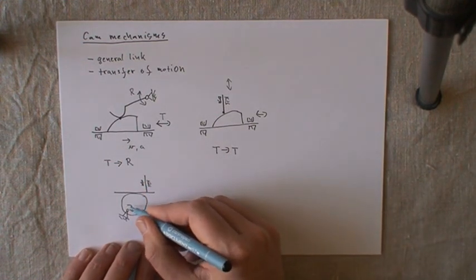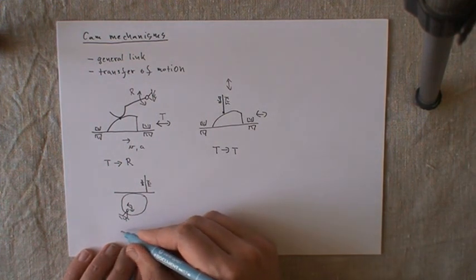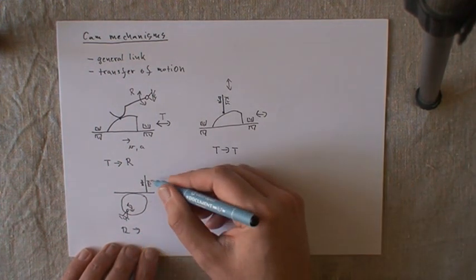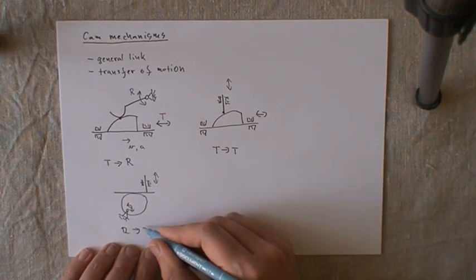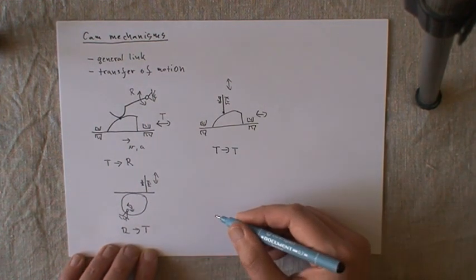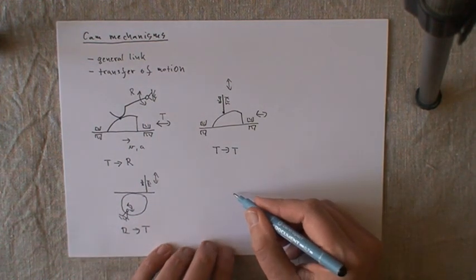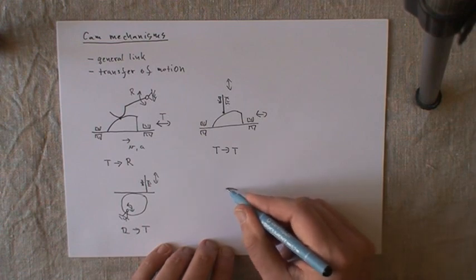So we have rotation, which is primary, and that is transformed to translation, and we can have rotation and rotation as well.